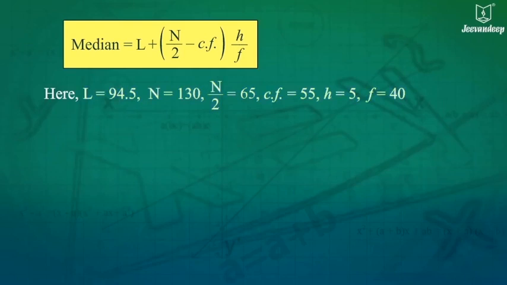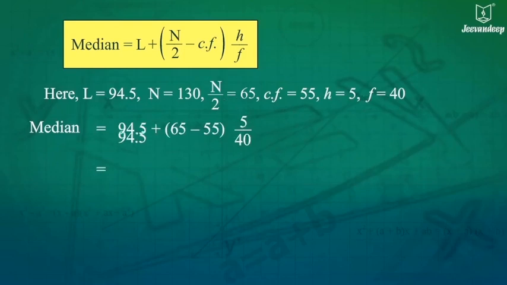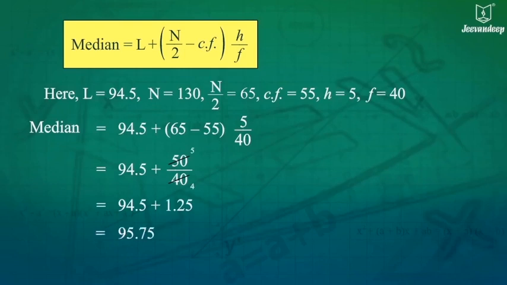Putting the values in the formula, we get median equals 94.5 plus (65 minus 55) multiplied by 5 upon 40, equals 94.5 plus 50 upon 40, equals 94.5 plus 1.25, equals 95.75.